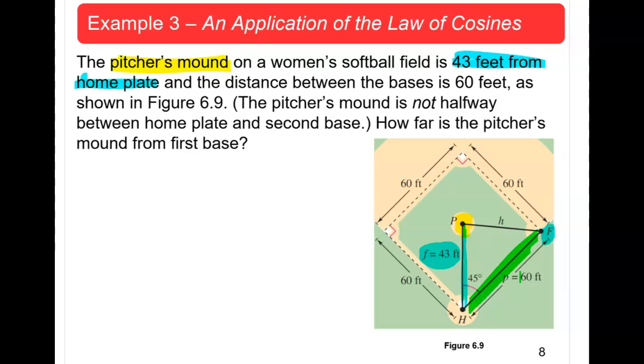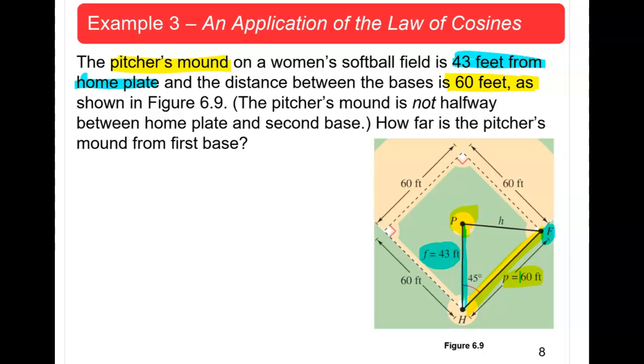So right here. And let me actually match the color. So that will be the distance between bases. And I highlighted that yellow because that's the angle opposite to that side. So that will be labeled with lowercase p, and it's 60 feet.